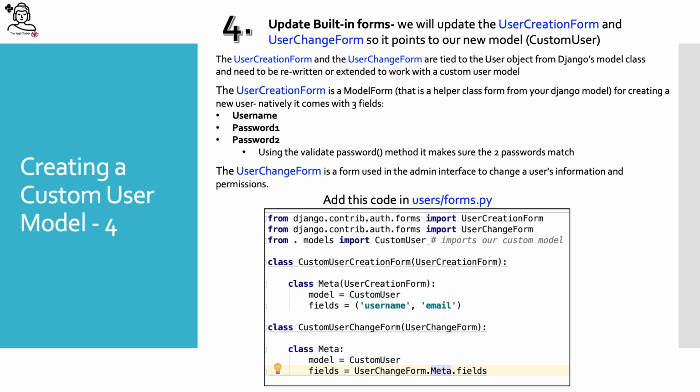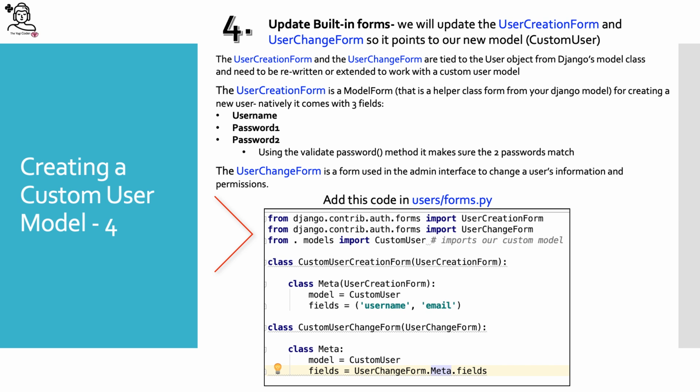The UserChangeForm is a form used in the admin interface to change a user's information and permissions. And so in our newly created users directory, we would create forms.py, and from django.contrib.auth.forms import UserCreationForm, and the same thing, UserChangeForm.